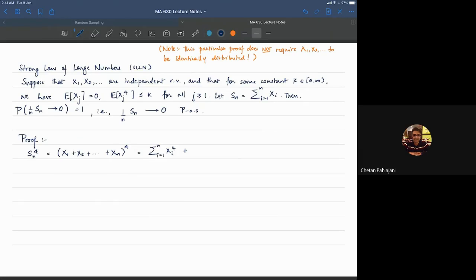Then you will get terms of the type x1 squared, x2 squared, and terms of the type x3 squared, x5 squared. I'll leave it to you to check that this is what you'll get: 6 times the sum over i less than j. Actually, let me just write one sum. This is a sum over ij such that i less than j. This is actually summing over 2 indices.